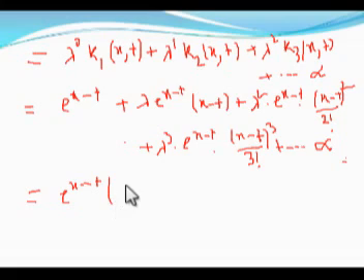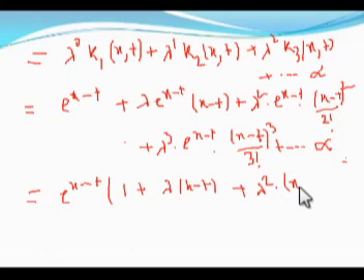We will get 1 plus lambda x minus t plus lambda square x minus t whole square by 2 factorial, and in this way the third term.